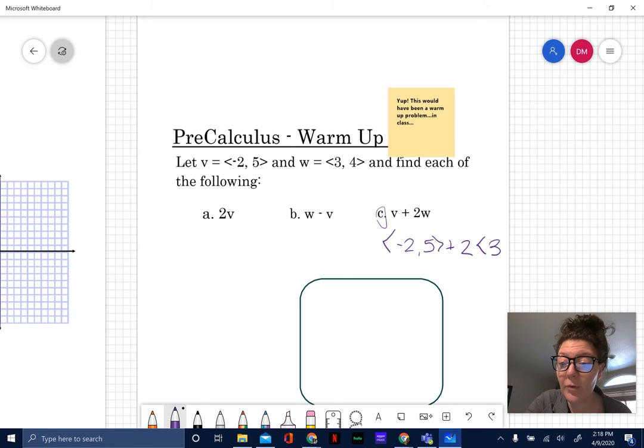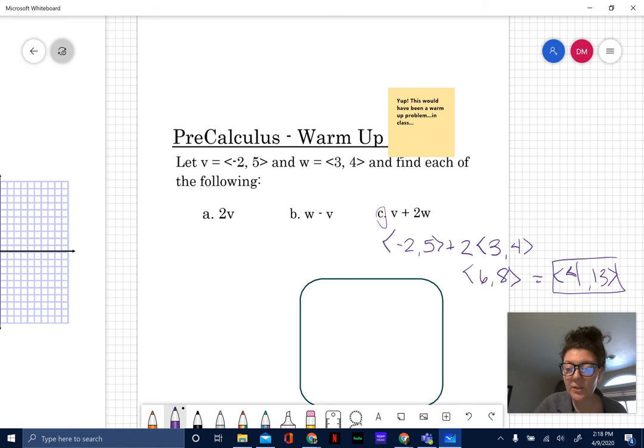I would first multiply w by 2 and get the vector <6, 8>, and then add <-2, 5> to that. So I should be getting the resultant <4, 13>. Like anything else, it's just about doing your order of operations and following the directions you're given when combining addition with multiplication or anything like that.